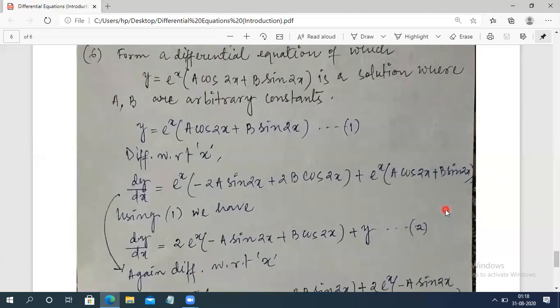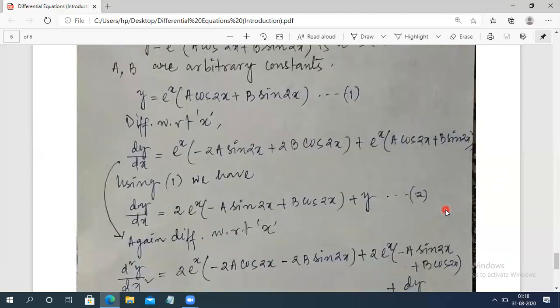Now this equation can be written in this form: e to the power x (minus 2a sin 2x plus 2b cos 2x) plus this whole term is equal to y. So instead of this, write y. Now again differentiate with respect to x, because there are two arbitrary constants.